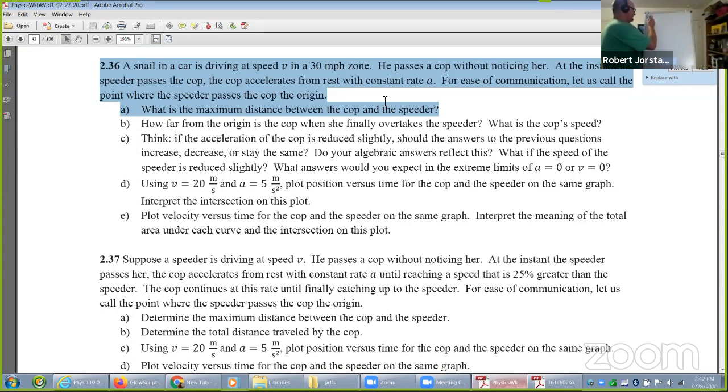So we've got a snail. We got a cop. And just for this problem, I'm going to drop all the X subscripts. I'm going to just assume everything has an X on it, and you can do that too, just to reduce clutter.